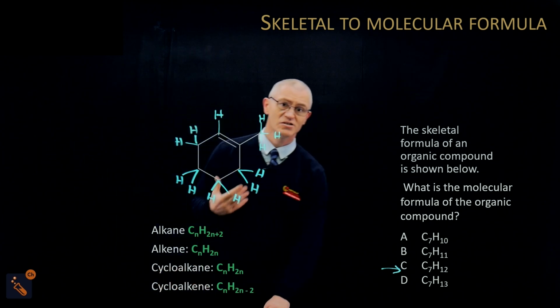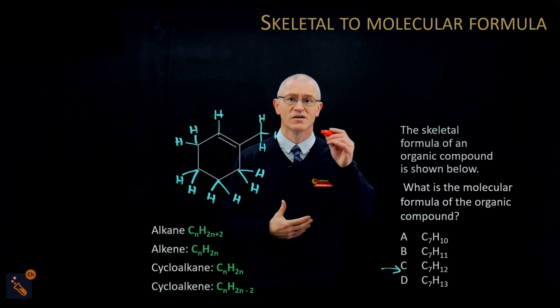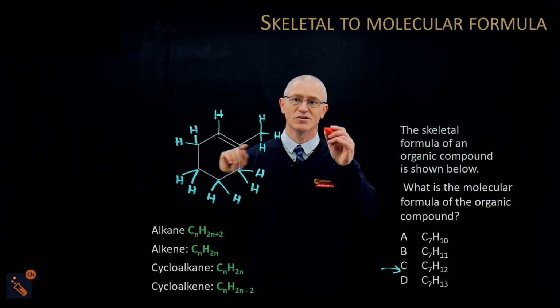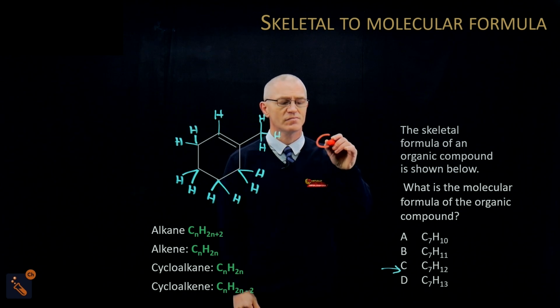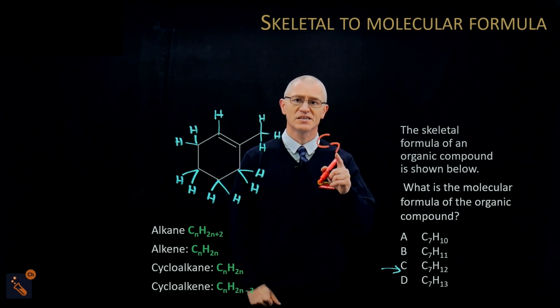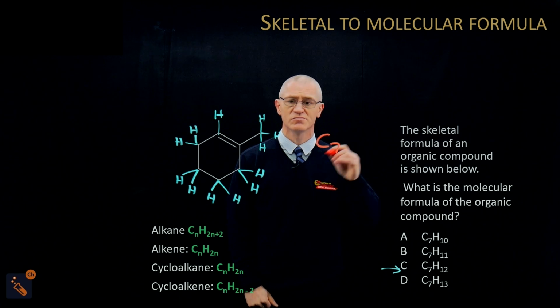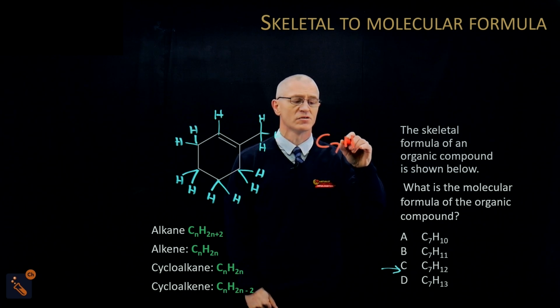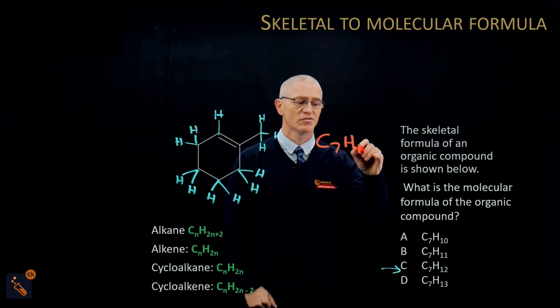So what I can do is I can just do it a little bit quicker. I can say, right, quickly count the carbons. Well, it's a hexagon, so it's 6, 7. So we've got C7. We then take the 7 times 2, which is 14. And then we minus 2, which is 12.